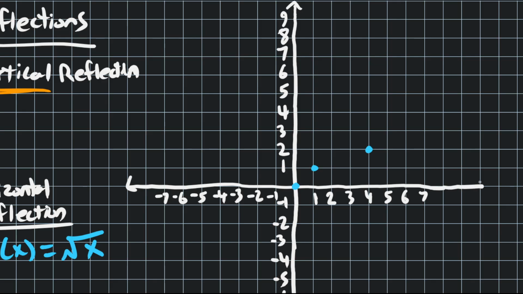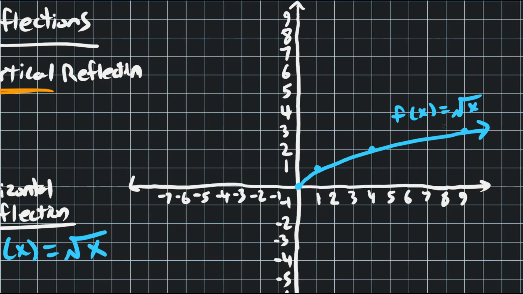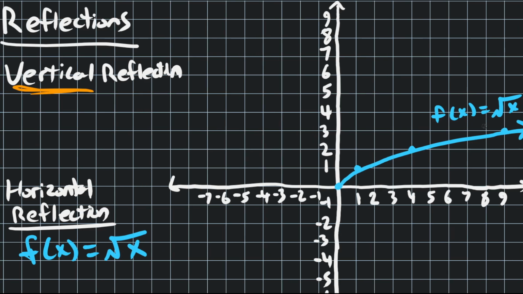Right here, 8 and 9, and then (9, 3) would also be on this. We can connect all these, and this is f of x equals radical x. Excellent.